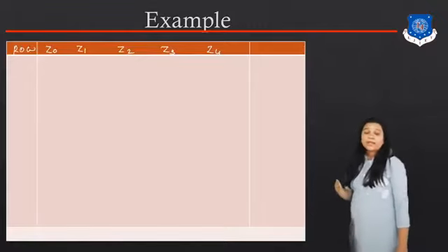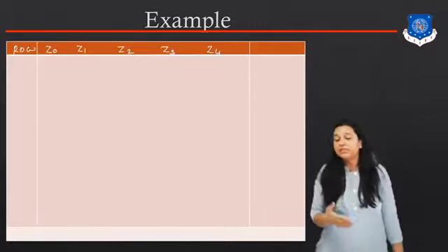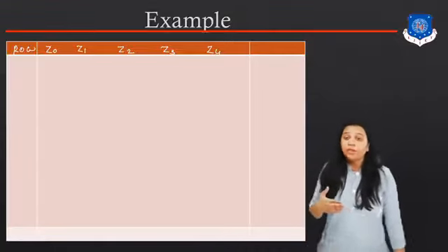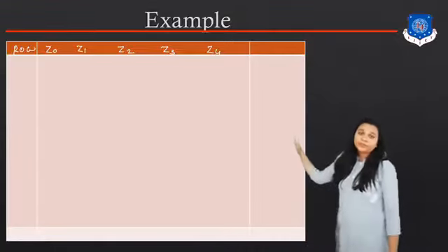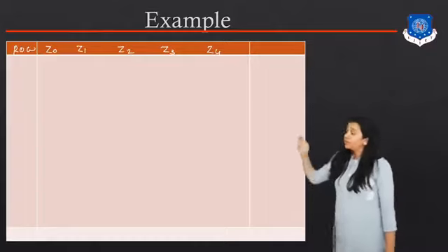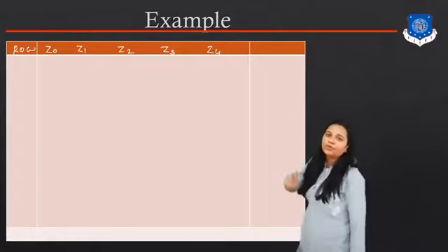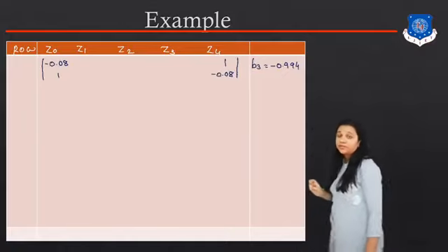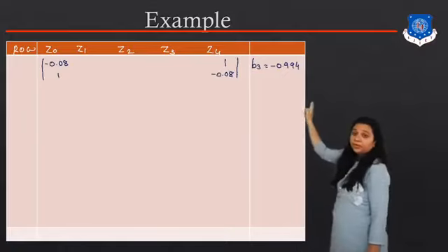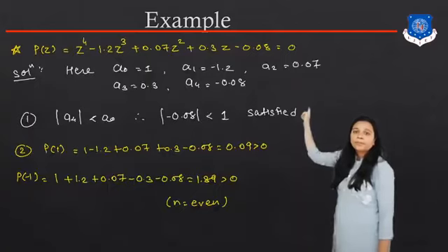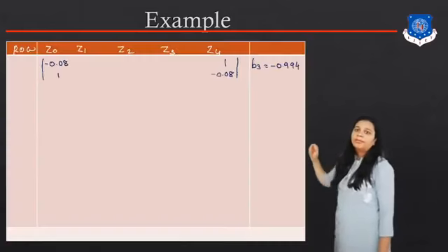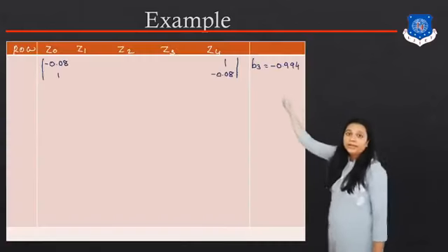Now we have to find the values of Bn-1, B0, C0, Cn-1. For that we have to use the unit stability table. So first of all, rows Z0, Z1, Z2, Z3 and Z4. The first one, put the value of A4, which is -0.08.